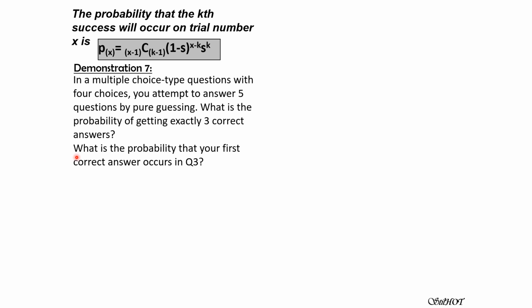For the second one, what is the probability that your first correct answer occurs in question number 3? Remember that this is the first correct answer occurring in question number 3. So meaning, since the first correct answer occurs in question number 3, for the first two trials, all those are failures.